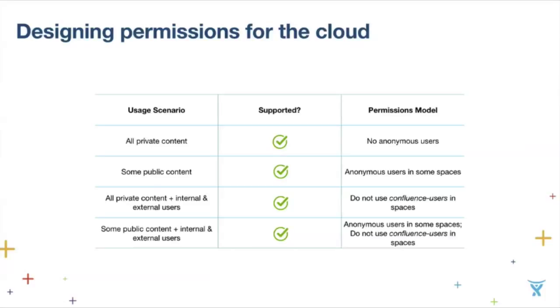The final usage scenario I have here is that you've got some public content plus you've got that internal and external user split. I guess here, the easy thing is if you're building on that basic internal-external permission model, all you have to do is then allow some anonymous access. You might be wondering, why would you want to do that?